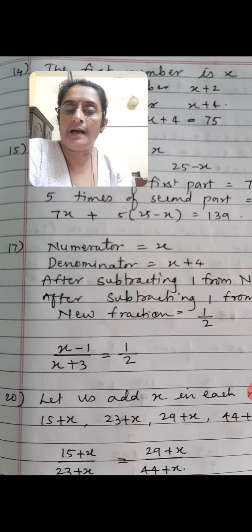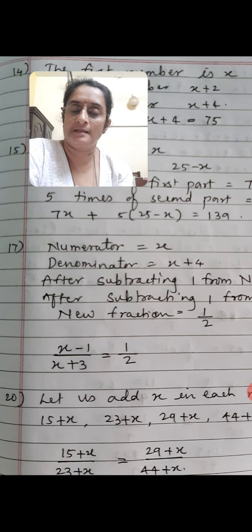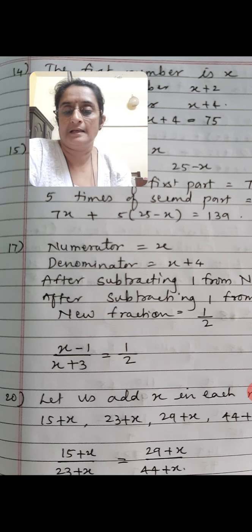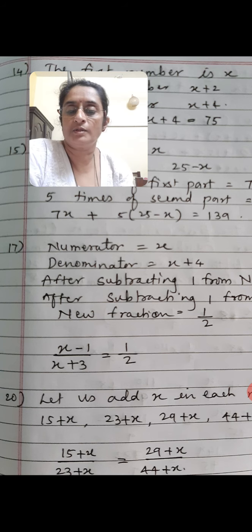The first number will be 15 plus x, the second 23 plus x, the third 29 plus x, the fourth 44 plus x. Now these are in proportion after adding x. So we write it as 15 plus x upon 23 plus x is equal to 29 plus x upon 44 plus x.